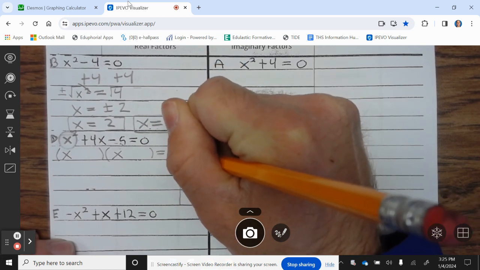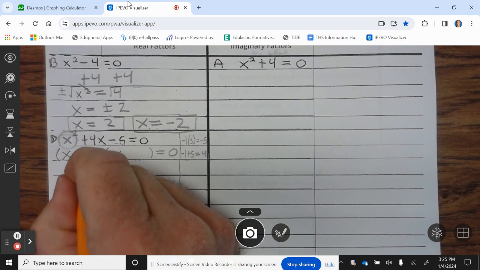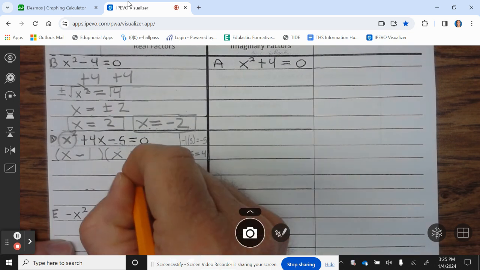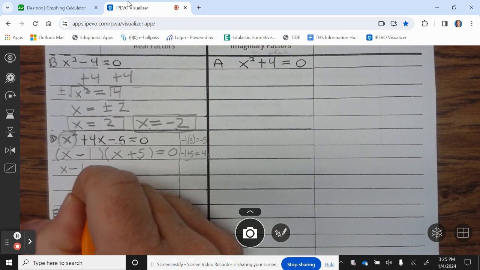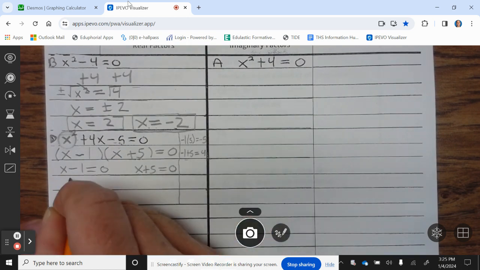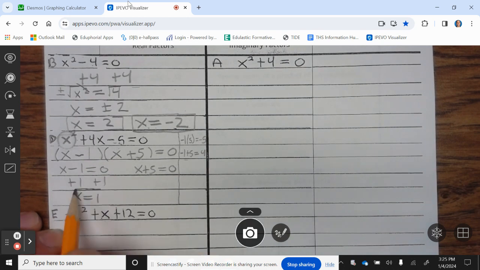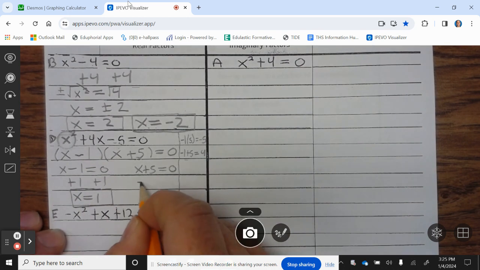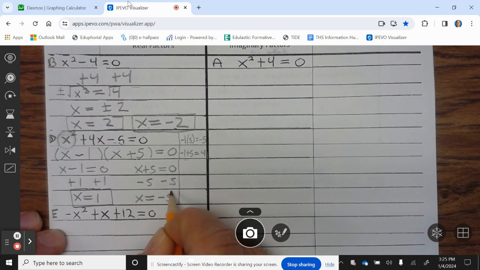Negative 1 plus 5 is 4. So that works. So our factors are x minus 1, x plus 5. So x minus 1 equal to 0, x plus 5 equal to 0. Add 1 to both sides, x equals 1. Subtract 5 from both sides, x equals negative 5.